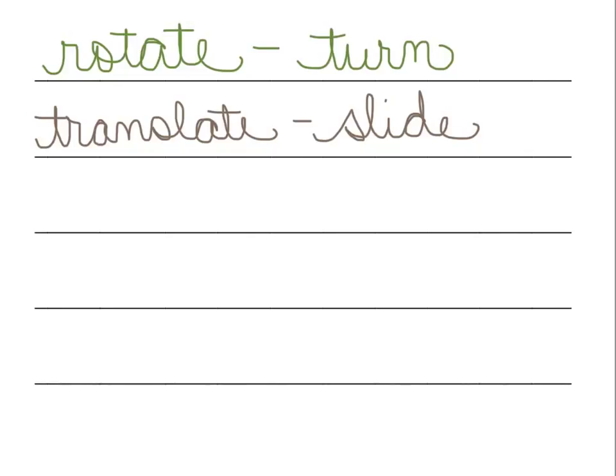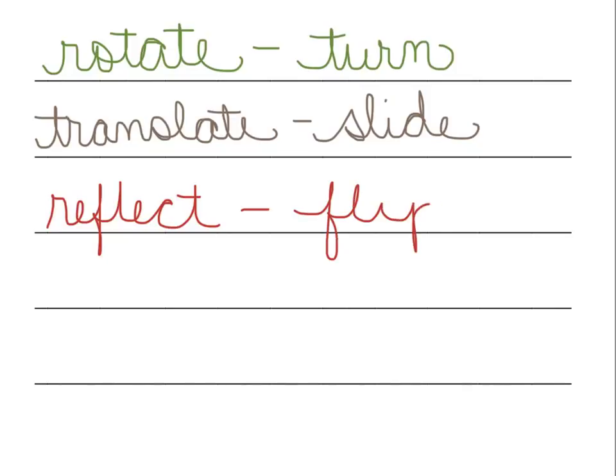And our last one is reflect, which is going to mean flip. So, rotate, turn. Translate, slide, reflect, flip. Here's a little something I want you to mark in each one to help you. Rotate, circle your T. Translate, circle your SL for your slide.